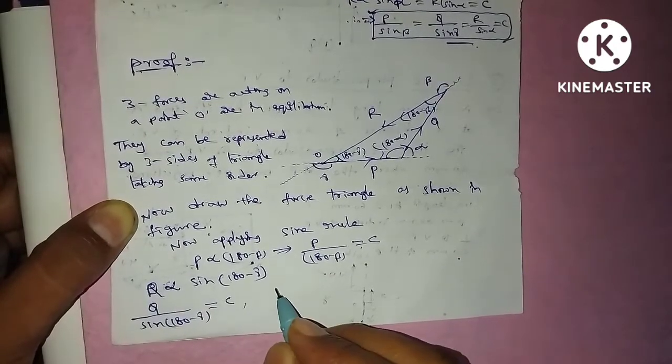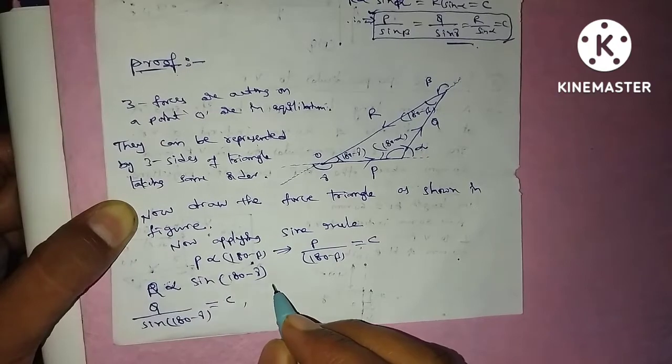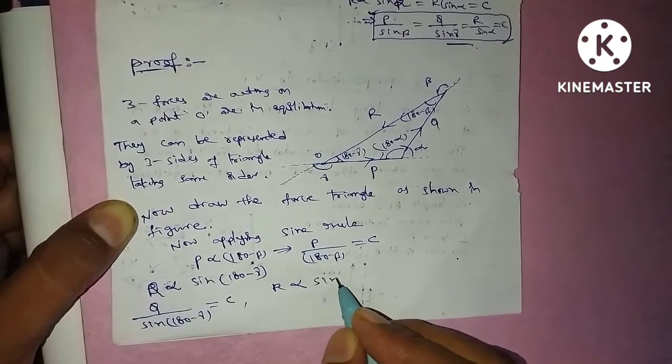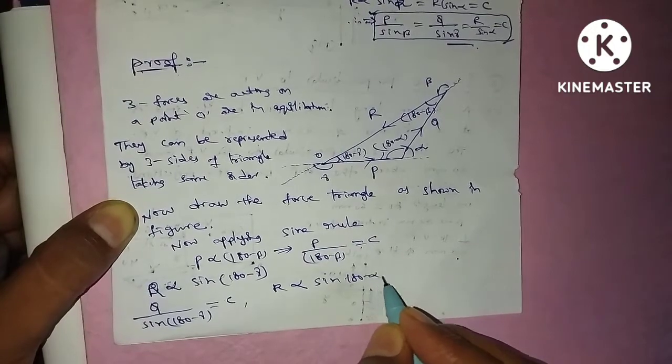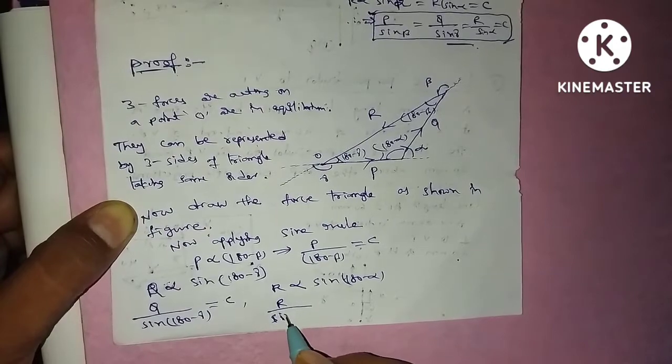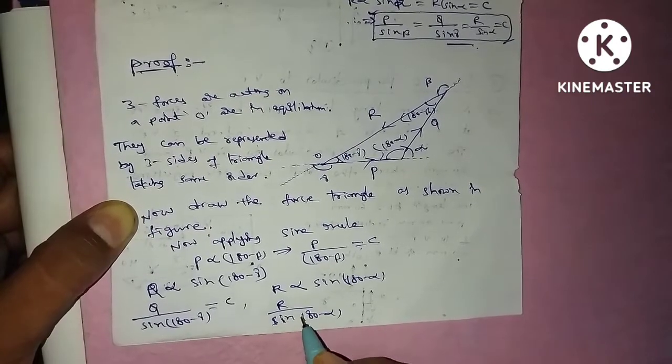Similarly, force R is directly proportional to sine angle of 180 minus alpha between Q and P. So R by sine 180 minus alpha is equal to a constant.